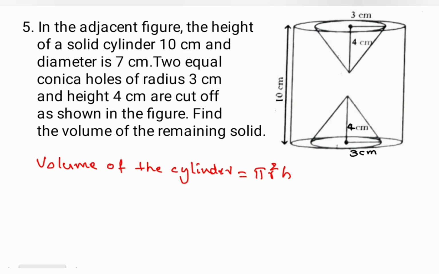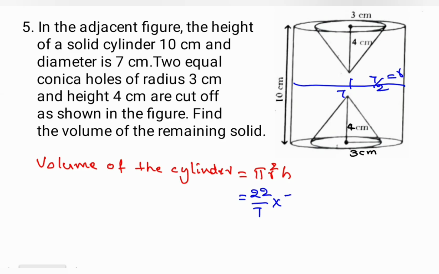The volume of the cylinder is pi r square h. Pi is 22 by 7, and r square: the diameter is 7 centimeters, and half of this, 7 by 2, is r.